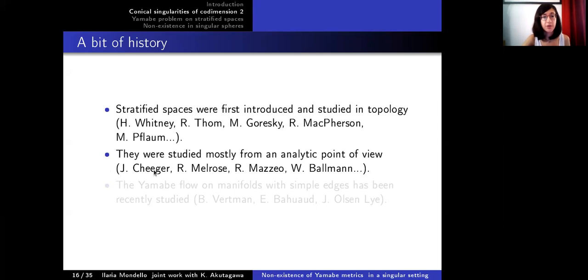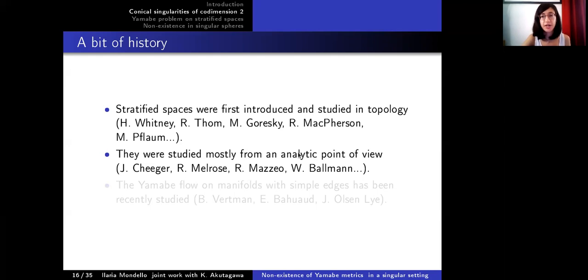Indeed, Jeff Cheeger published a paper about spectral analysis on manifolds with conical singularities. And starting from that, there's been a lot of work on understanding analysis and spectral analysis on manifolds with simple edges, and later on stratified spaces.